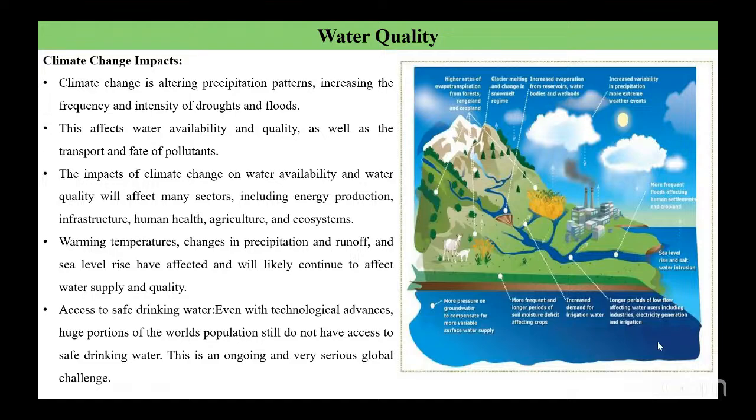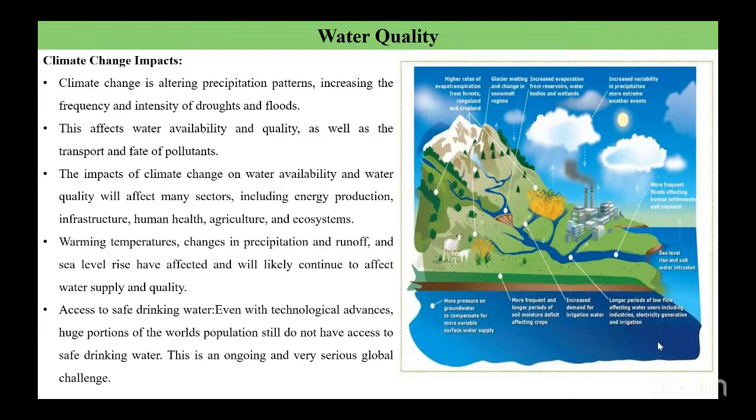So these are the impacts of climate change on water availability and water quality. The warming temperatures, the changes in precipitation, runoff, and sea level rise are mainly due to this effect.